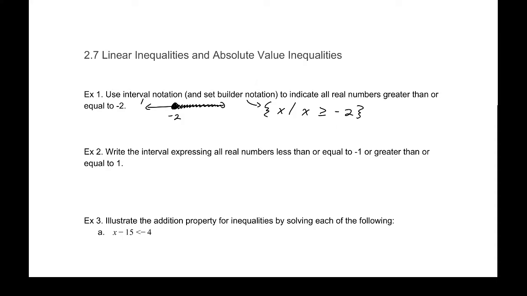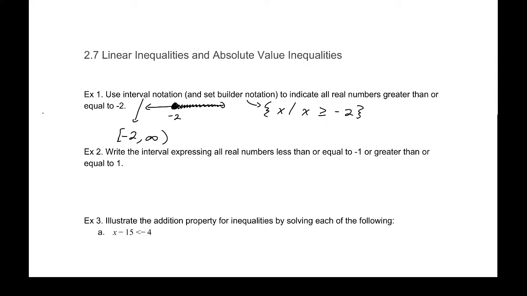Now, interval notation is better seen from the number line because we're going to indicate this by -2 to infinity. My left endpoint of that set of numbers is -2, and also it's included. Notice the bracket there.